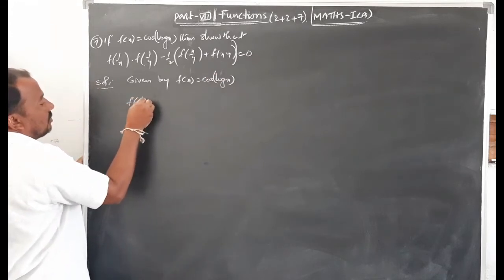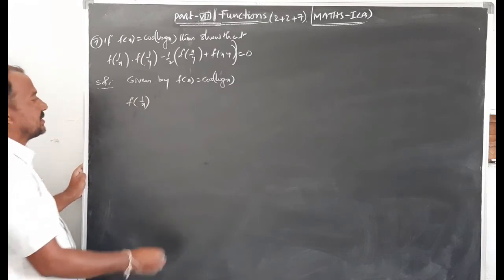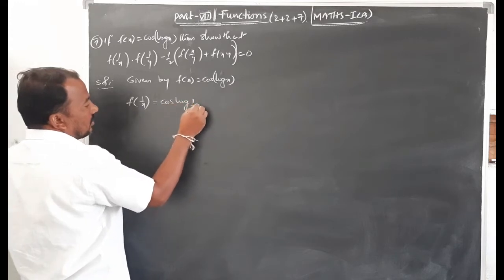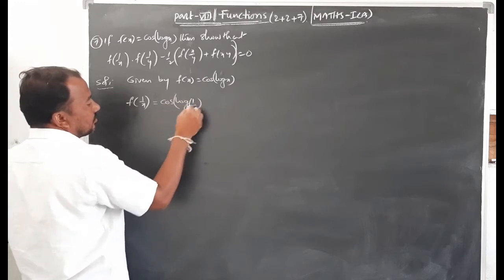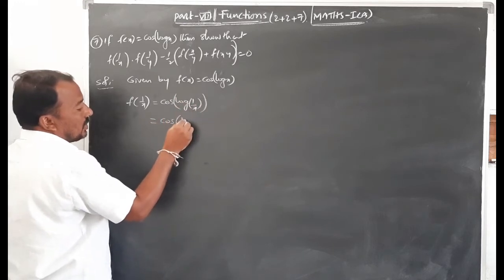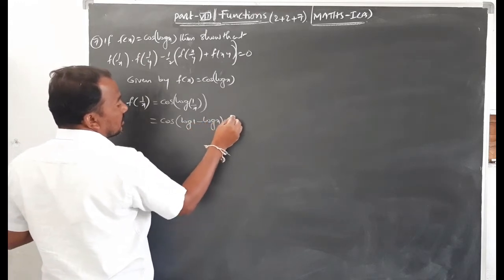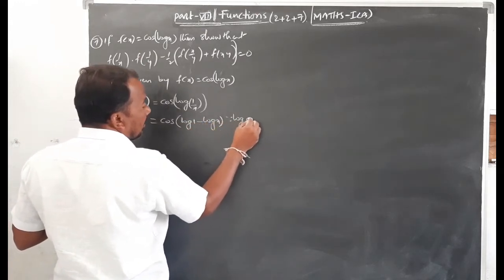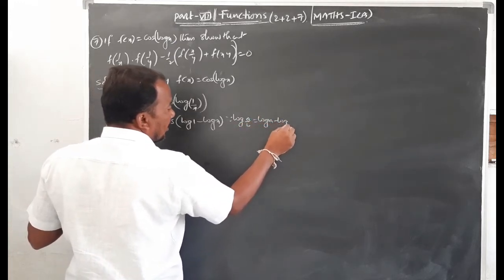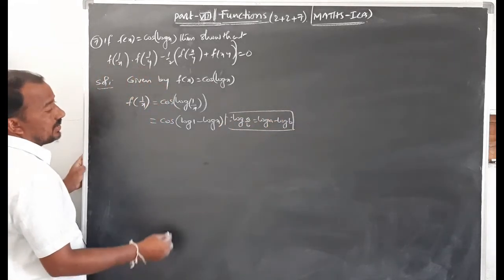f of 1 by x: substitute x equals 1 by x, cos of log 1 by x. So cos of log 1 minus log x, since log a by b equals log a minus log b.